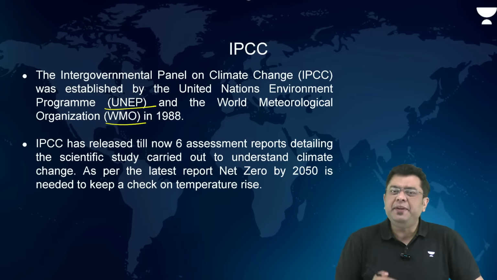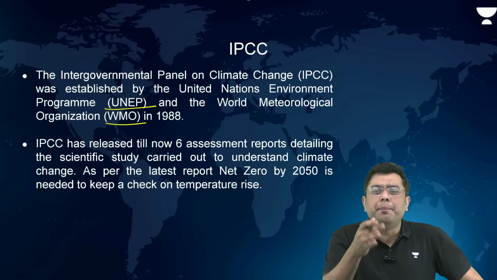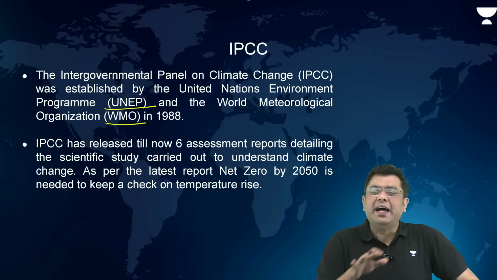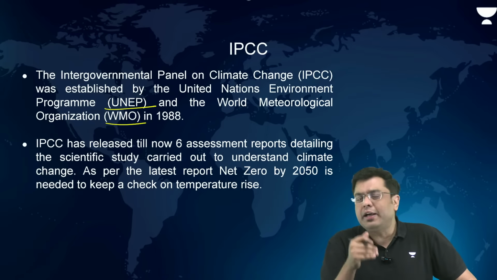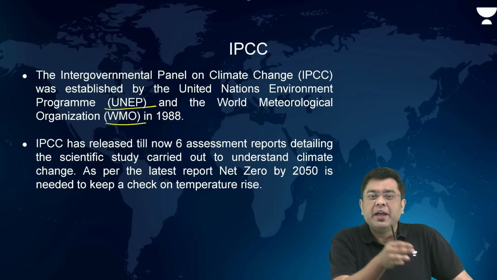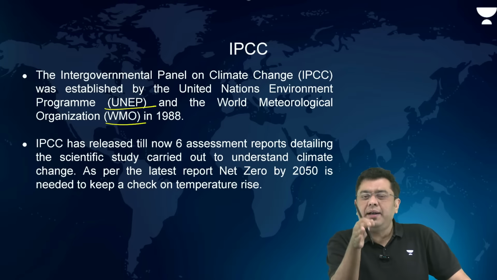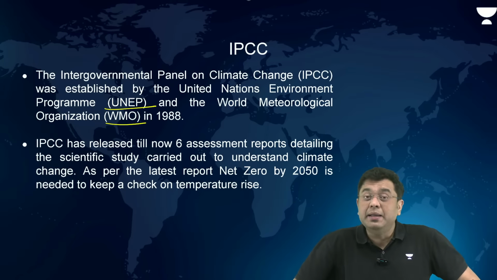Now, this IPCC is known for carrying out a detailed report. For all the study that it does, it basically encapsulates it in a periodic report where it summarizes the actions taken, the conditions of the global environment, and what can be the mitigation measures and what can be done by the policymakers.